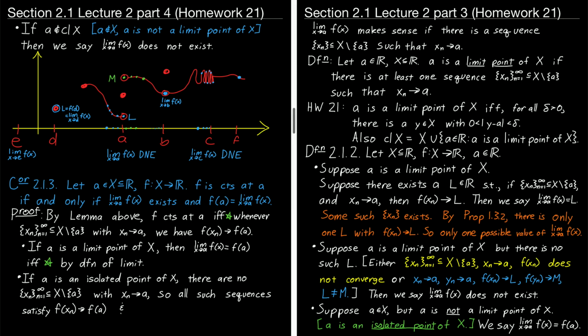So basically all functions are continuous at isolated points. Continuity is talking about whether what this function does at this point is drastically different from what it does to its neighbors, and if there aren't any neighbors, well, you can't be different from the neighbors.